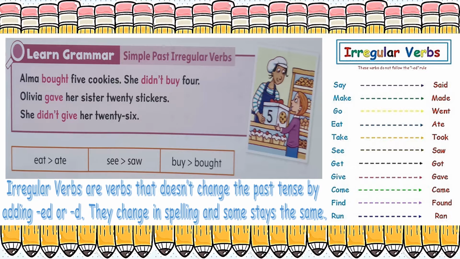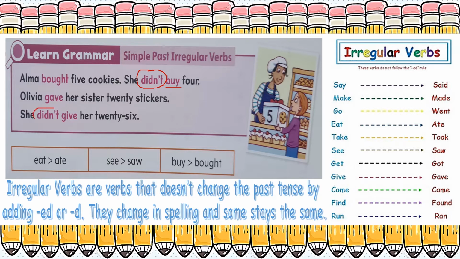And also another clue so that you will know how to do it in making sentences. Just as we did in regular verbs, if we put the word didn't, the verb does not change into its past tense form. See, didn't, it's still the present tense form of the verb.